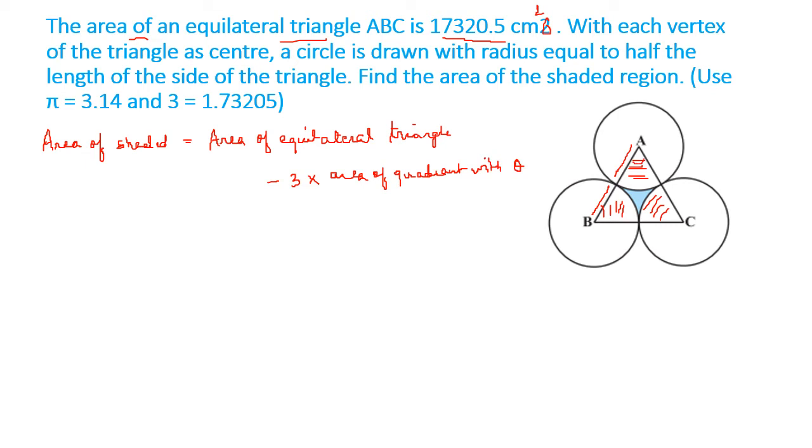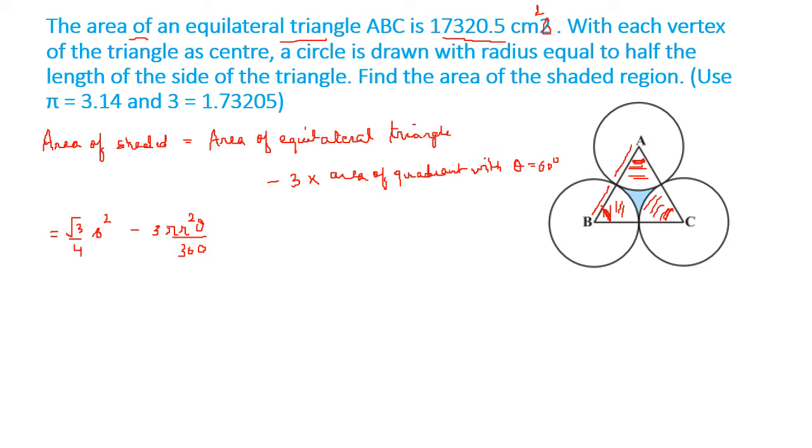It's an equilateral triangle, so this angle and this angle will be equal, each will be 60 degrees. So the area of the quadrant has theta equal to 60 degrees. Now the area of an equilateral triangle, the formula we have done, is root 3 upon 4 side square, minus 3 into pi r square theta upon 360.